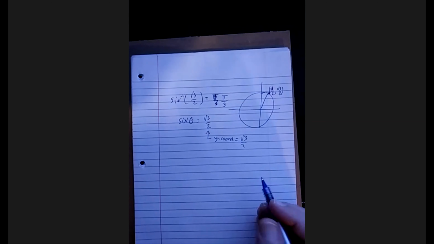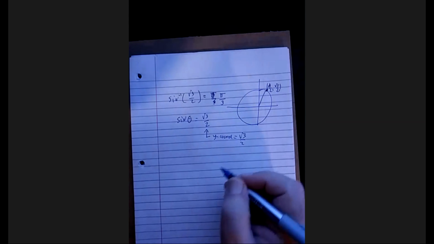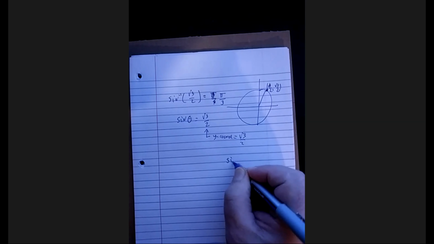Now, there is a problem with all inverse functions, and that is that they have a domain, and that means the answer only comes out as one of the two possible angles. And it's a little bit weird, but this is how it works.